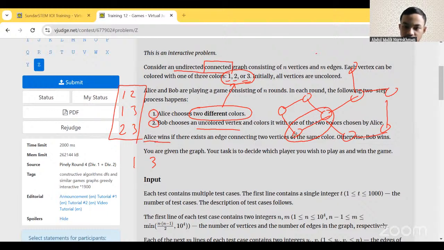But if there is no pair of adjacent vertices with the same color, then Bob wins. So Bob will avoid coloring two adjacent vertices with the same color.